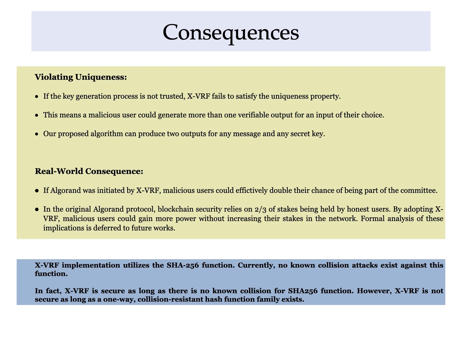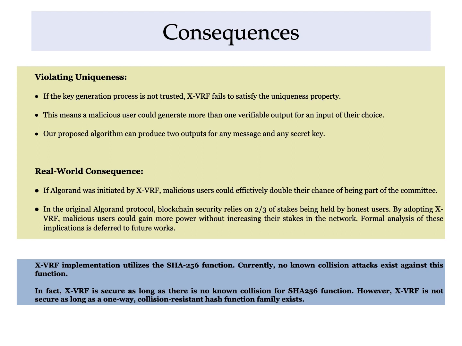But the only thing is that our proposed attack doesn't readily find two collisions to calculate more than one output for a given input. The reason is that the X-VRF implementation is based on the SHA-256 function, and currently there is no known collision attack against SHA-256. Because of that, we cannot propose more than one output for one message at the moment.